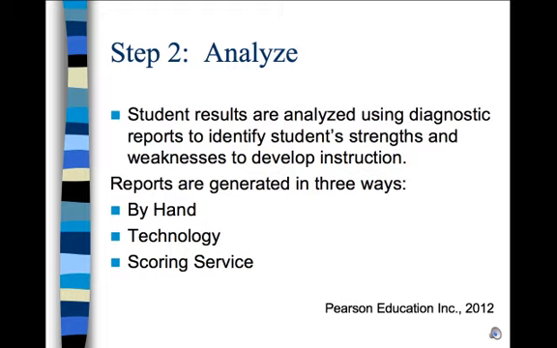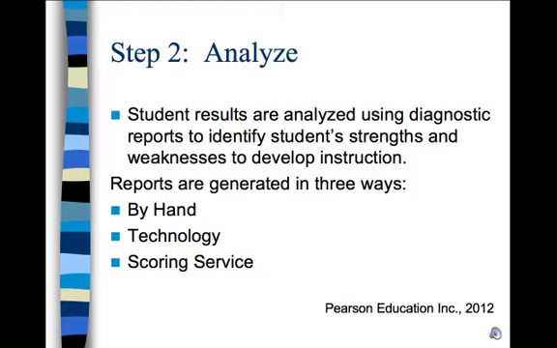Step 2 within GMADE deals with analyze, and what that means is students' results are analyzed using diagnostic reports to identify students' strengths and weaknesses to develop instruction. Reports in this area are generated 3 ways. First, by hand, and you have a teacher's manual that has step-by-step instructions for scoring students' answers.